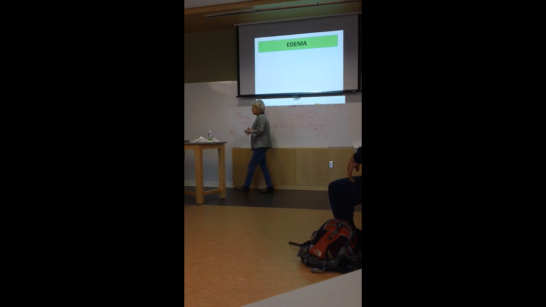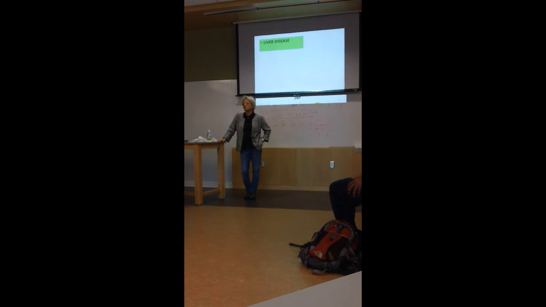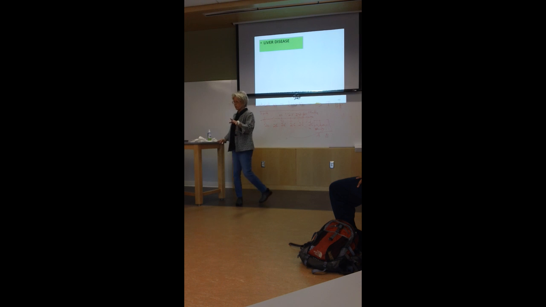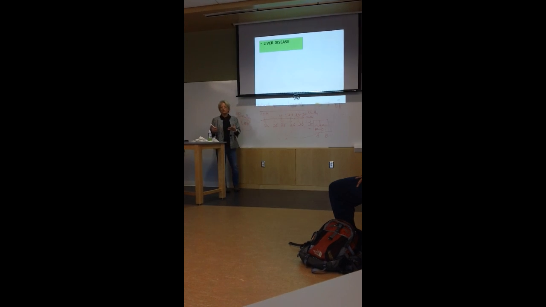So what causes edema? One of the causes of edema is liver disease. Why would liver disease cause edema? Because you're not making enough plasma proteins. Exactly. If somebody's liver is diseased, remember those plasma proteins were supposed to be made in the liver.